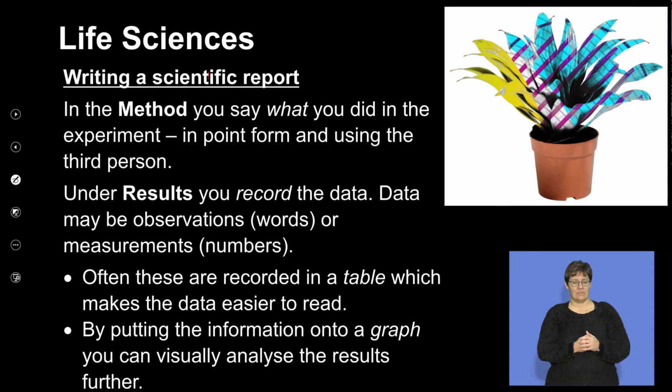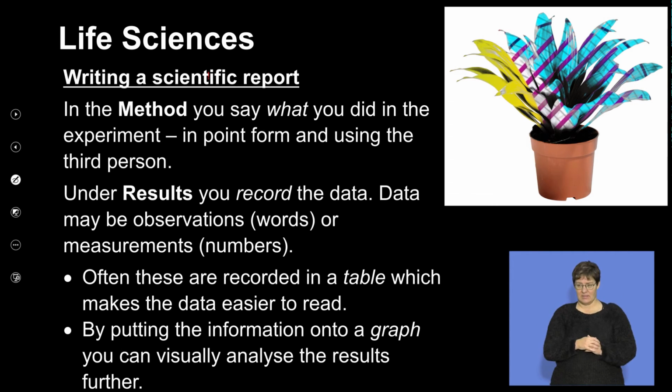Then, the rest of the scientific method you should be quite familiar with, because when you've done experiments, you've looked at the method and the results, where you write down, does it change color, or you might measure something. If you measure and you get figures, you would use a table.